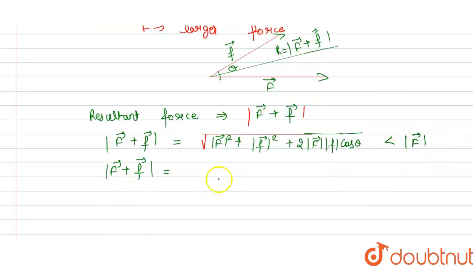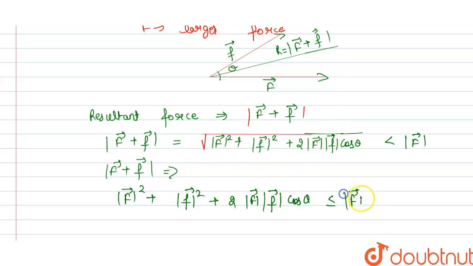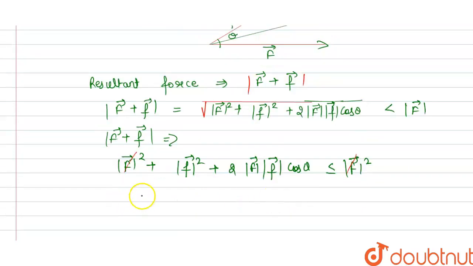If we square both sides, we get larger force square plus smaller force square plus 2 times larger and smaller times cos theta, and this must be less than the larger force square, as we have squared both sides. So this and this will cancel out, so we are left with the smaller force.